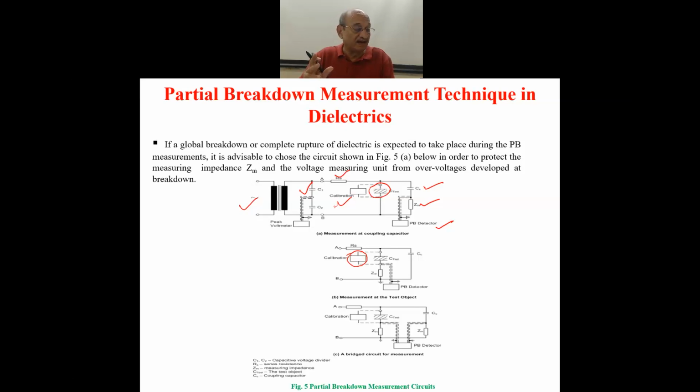This is, you can say, a standard capacitor giving charge of specific value across any circuit. So that is put across the test circuit, and the PD detector is made to detect that, and then you can say what the sensitivity is. You can set the sensitivity of the PD detector.